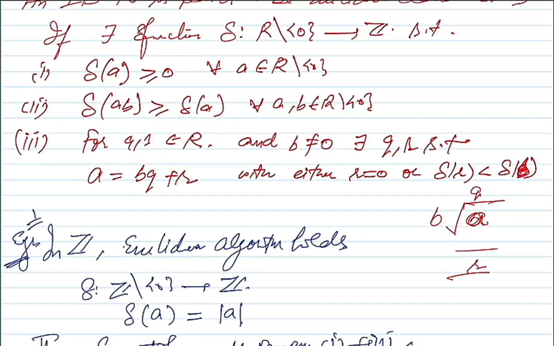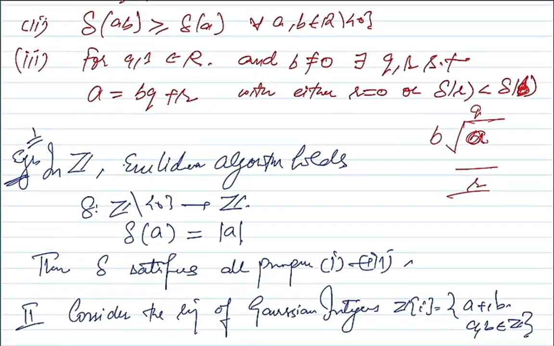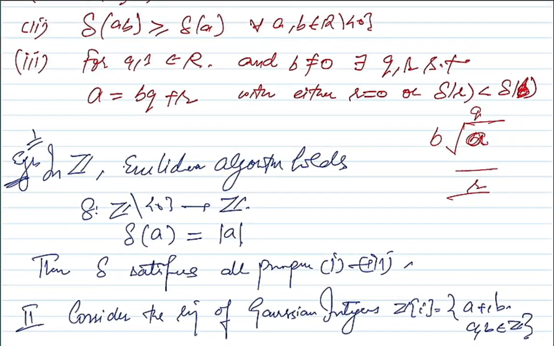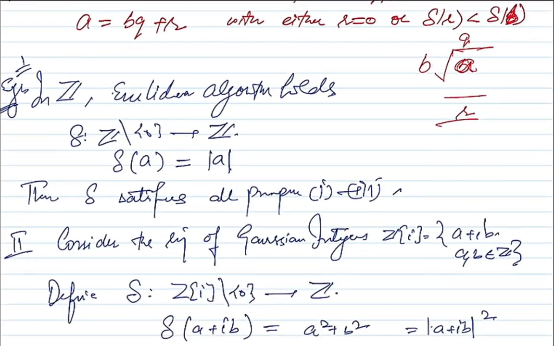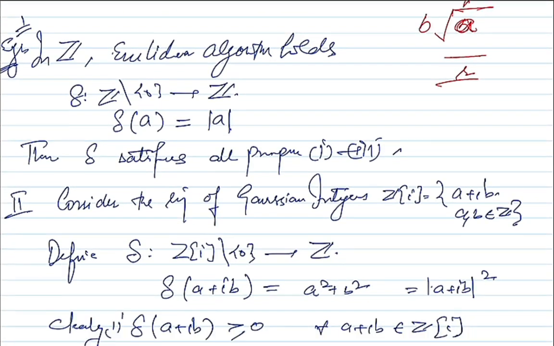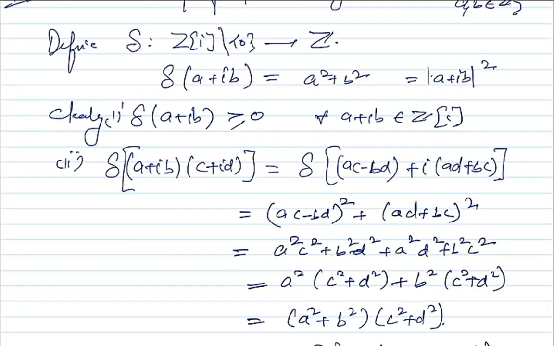It should be non-negative, and delta of AB should always be greater than or equal to delta of A. Then the integral domain with this delta will be called a Euclidean domain.